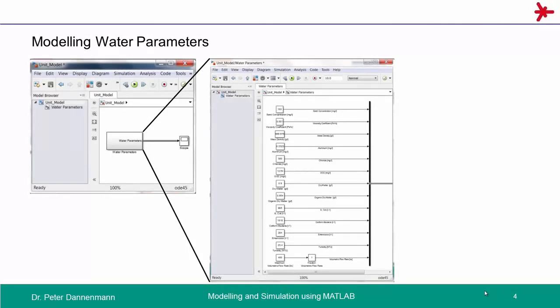In this chapter, there will only be one exercise at the end of the chapter. The exercise will be to implement a simplified model of a water treatment plant as it is described in this and the following units.